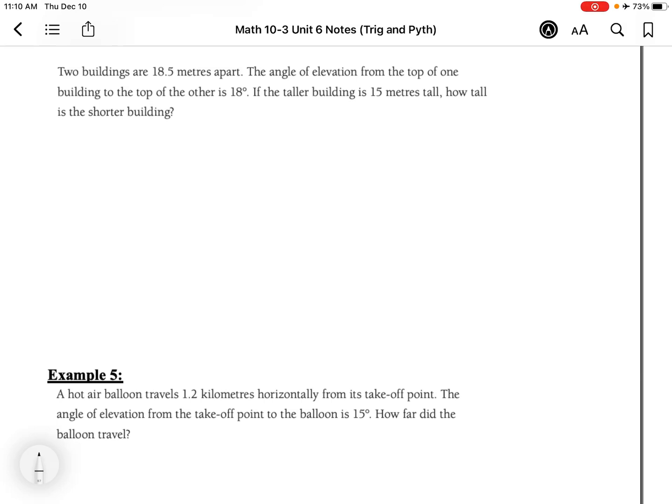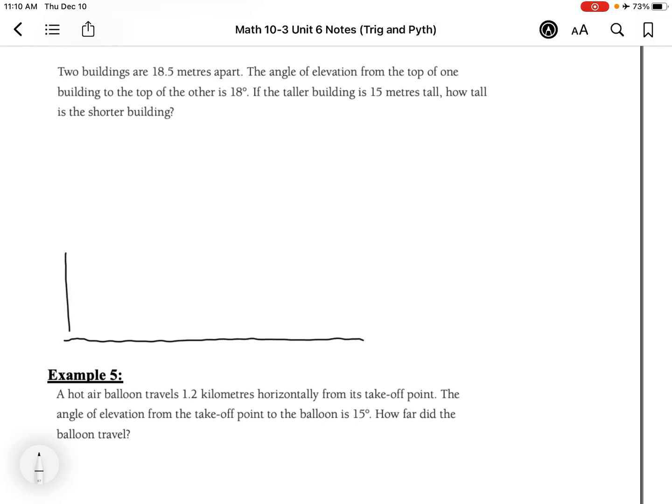Okay, well, there's a lot going on here. Let's start with the first sentence. 2 buildings are 18.5 meters apart. So we've got 2 buildings that are 18.5 meters apart. And the other thing that I'm told, another detail that's important, is that one's taller than the other. All right, so let's just draw 2 buildings. Firstly, they're on the ground, so that's important.